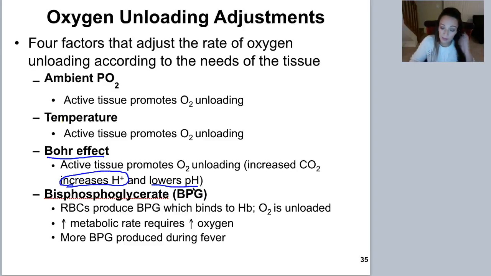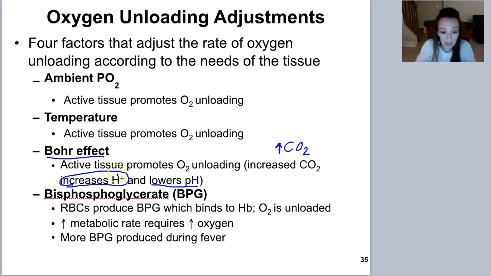So a very, very active tissue, not only will it be using up more oxygen, but it's also going to have high CO2 levels, right? Because one of the wastes tissues produce is carbon dioxide. So if we have a really active tissue, they're going to be producing a lot of carbon dioxide. And remember on one of those last slides where I was saying carbon dioxide will go and bind to hemoglobin, and it will actually reduce hemoglobin's affinity for oxygen.